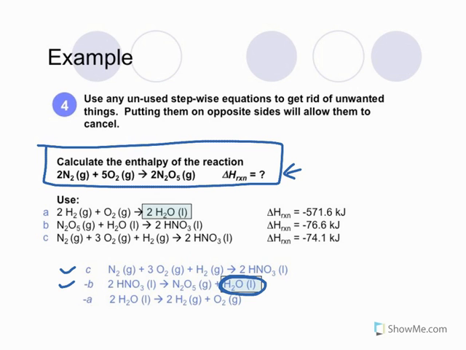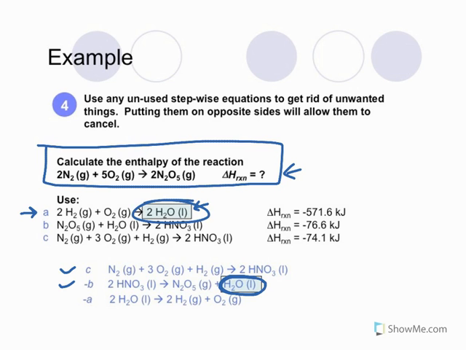That's an unwanted thing. So we look and we say, okay, well, we haven't used reaction A yet, and water is in reaction A, and it's listed as a product. The neat thing about Hess's law is if you have something on the reactant side and on the product side that's the same, it'll cancel out.